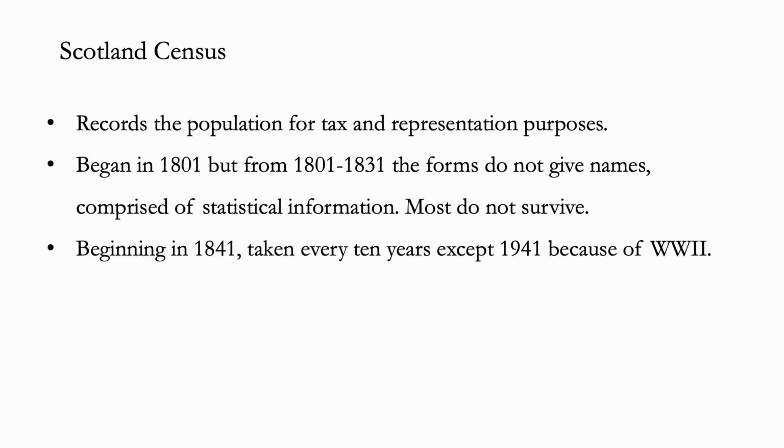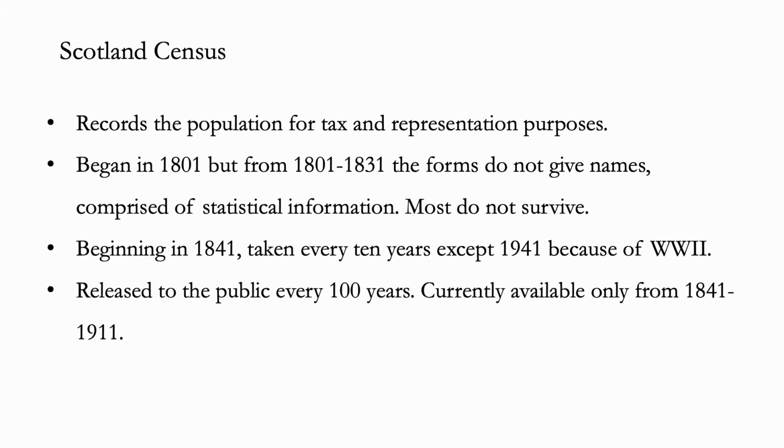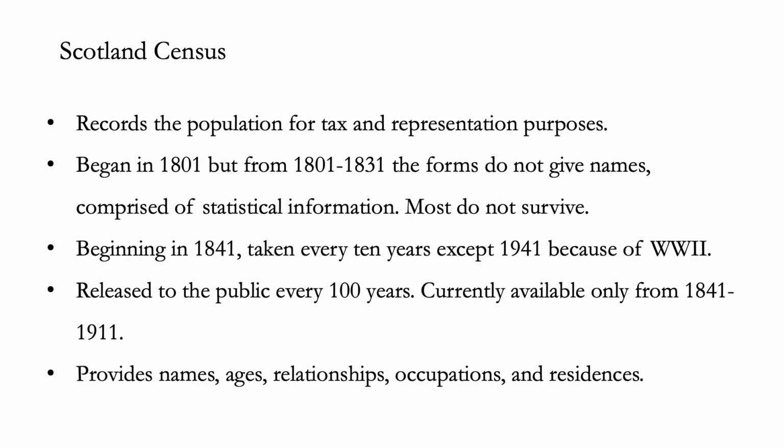The regular census with names began in 1841 and has continued every 10 years since that time, except for 1941 because of World War II. The census records are released to the public every 100 years, and the 1921 census just became available in 2022. The census records provide names, ages, relationships, occupations, and residences.